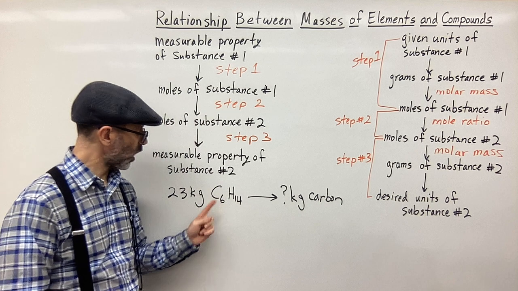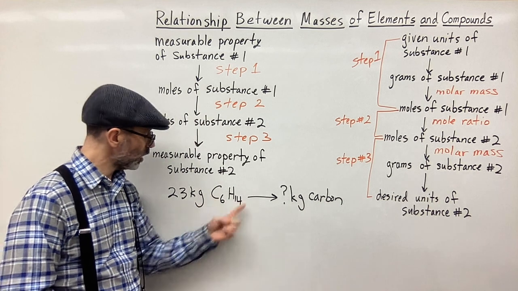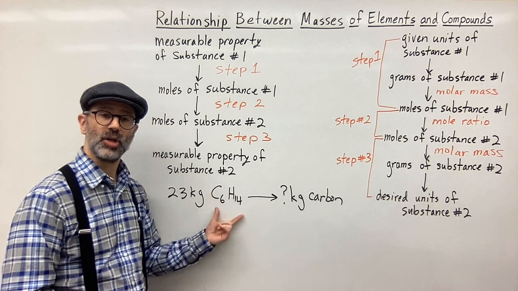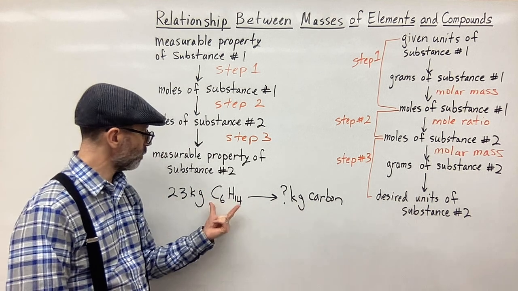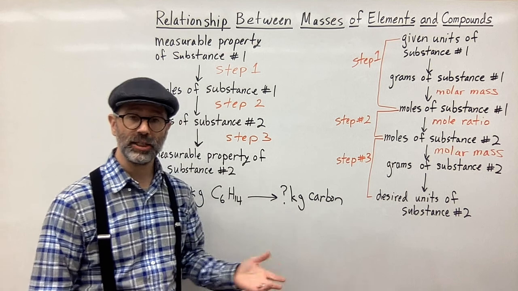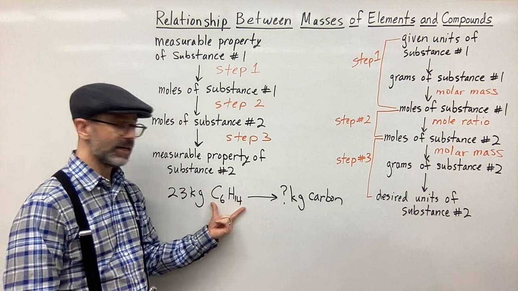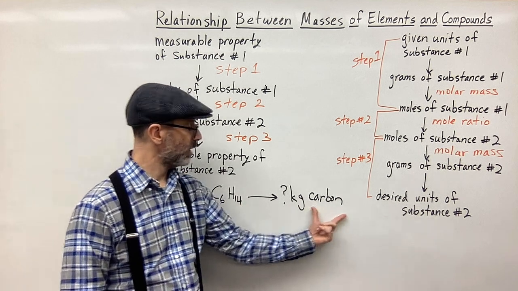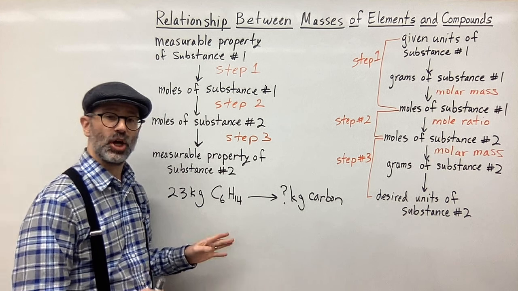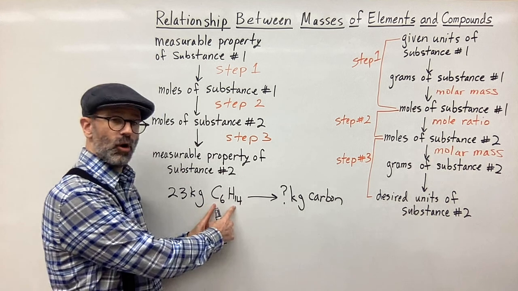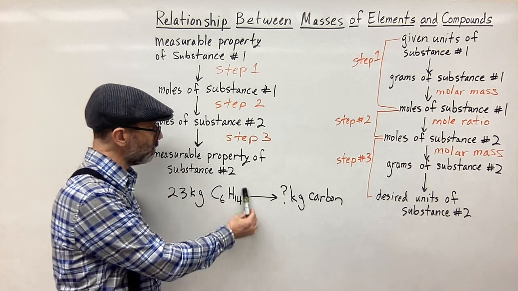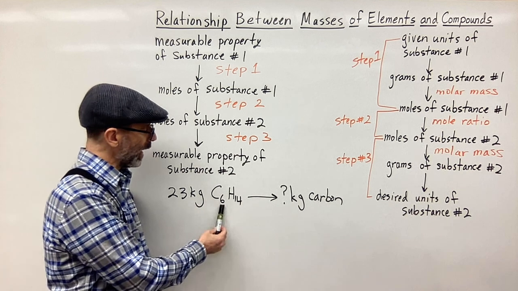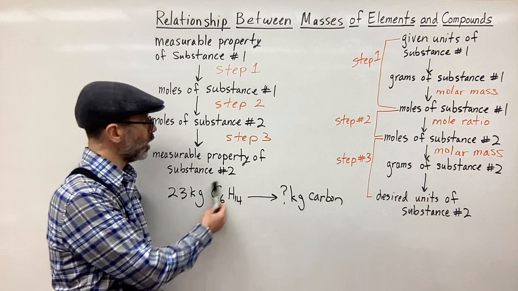Now notice the carbon is part of the compound that I am talking about. To convert from this to this, I'm going to need the mole ratio between hexane and carbon, and you get that mole ratio from the formula. Here I can see that for every 1 molecule of hexane, I have 6 atoms of carbon.